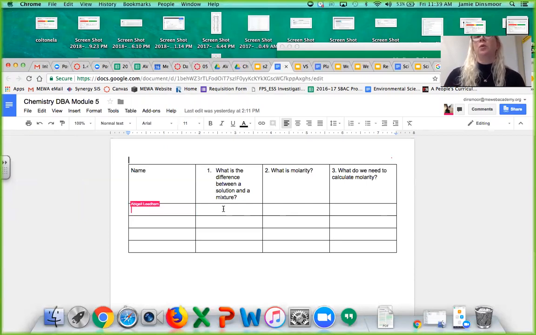The first question is going to be, what is the difference between a solution and a mixture? That's something that we discussed in the last virtual session. Question 2 is going to be, what is molarity? Which is something we defined in the beginning, which is why I emphasized writing it down. And then our third question is going to be, what do we need to calculate molarity? Which can essentially come from the definition.